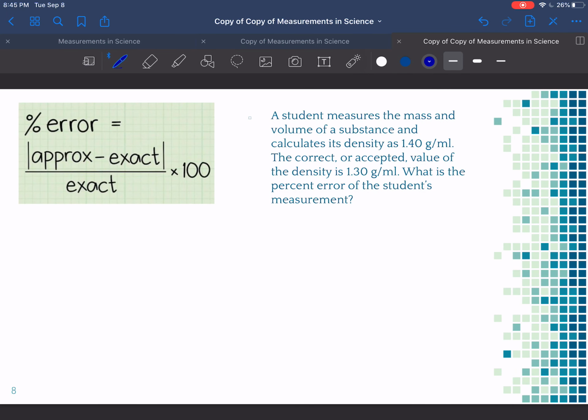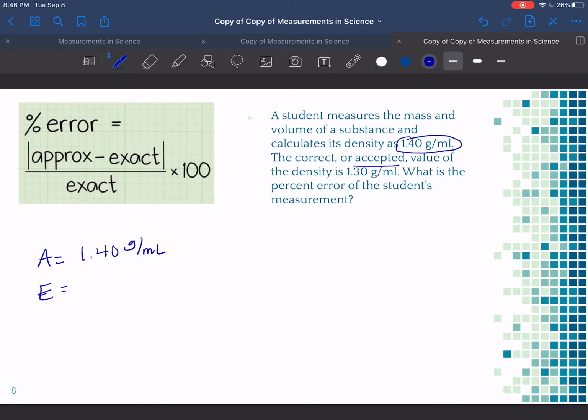We have a student here that measures the mass and volume of a substance and calculates its density to be 1.4 grams. The correct or accepted value is 1.3. So again, we need to decide what is approximate and what is exact. Whatever the student measures is the approximate. So that is 1.40 grams per milliliter.